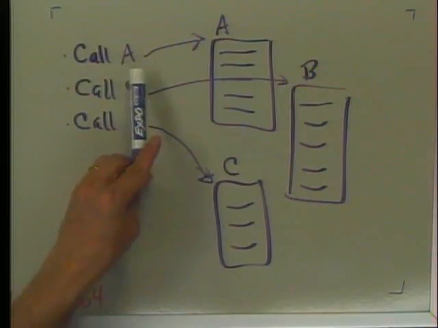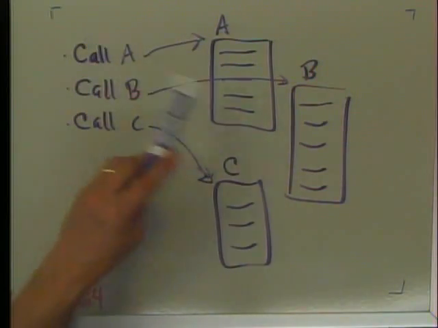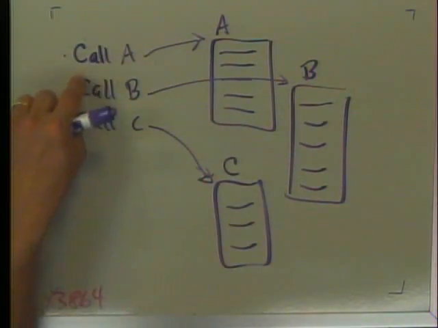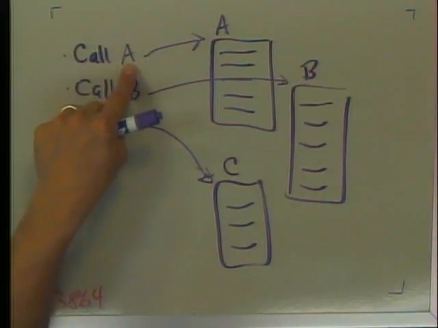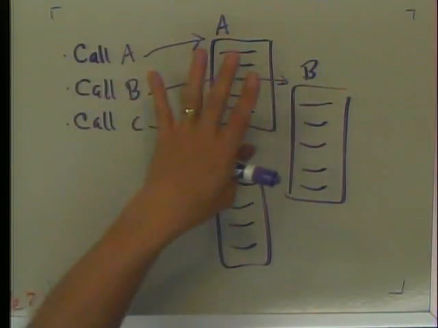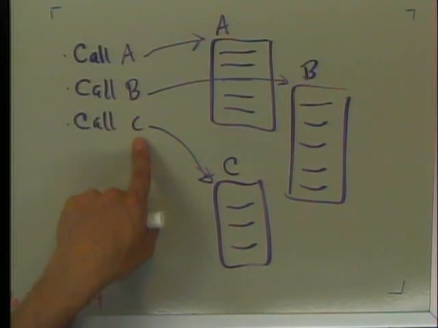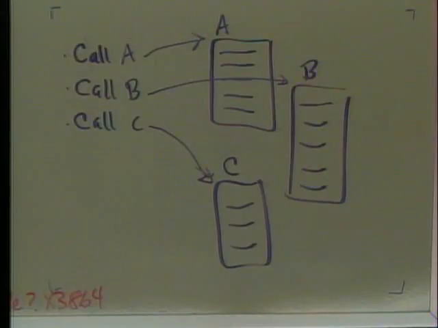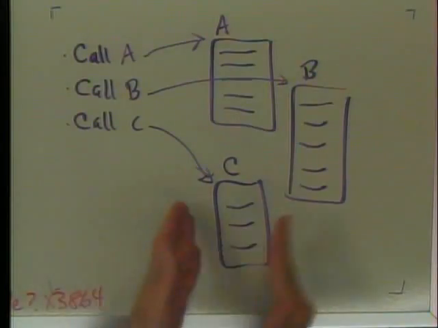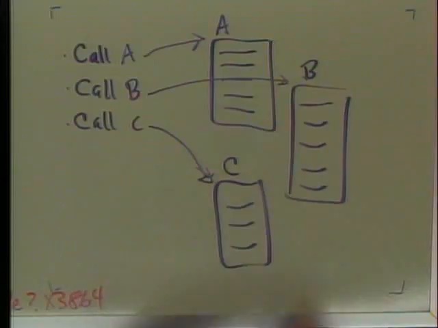Well, you don't really care how it does its job. You just want it to do it. So when I call A, get information from user, it just goes out and does its thing. B might be something like calculate results, and C might be called print output or something. And so all the details are abstracted into these modules over here.